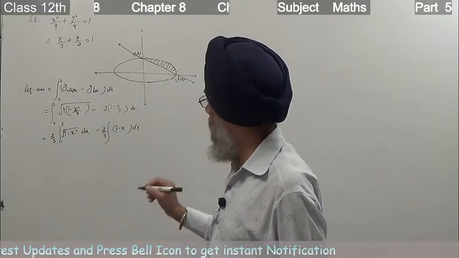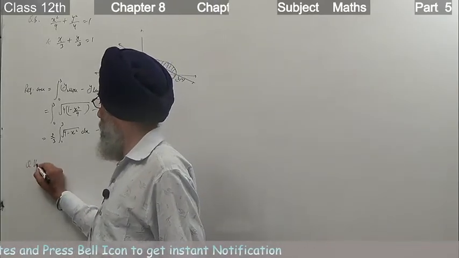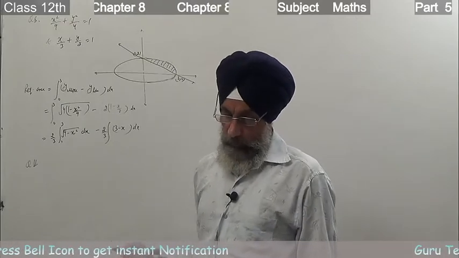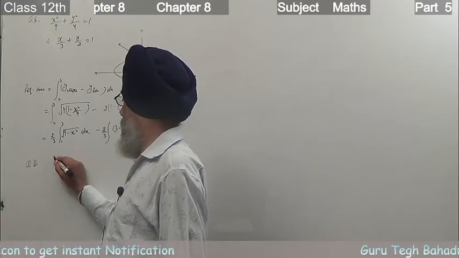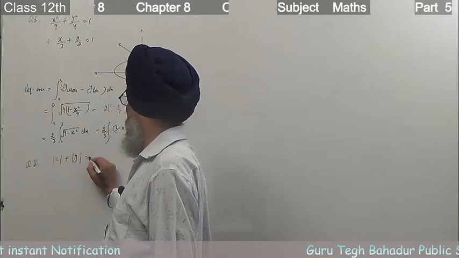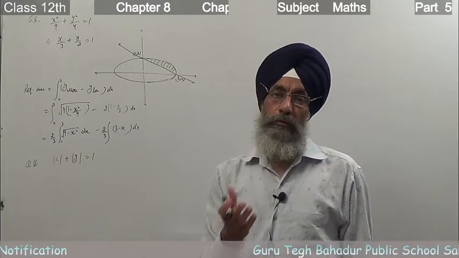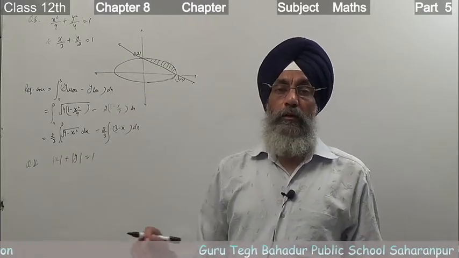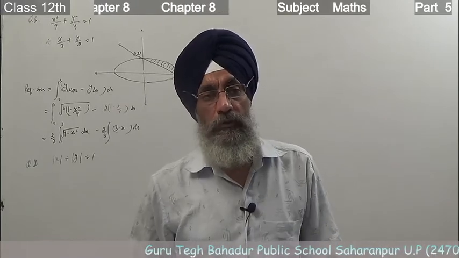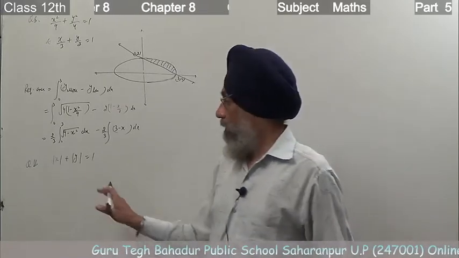If we take question number 11, we have to find the area bounded by mod of x plus mod of y is equal to 1. So there are 4 cases. The values of x and y are either positive or negative inside the mod.